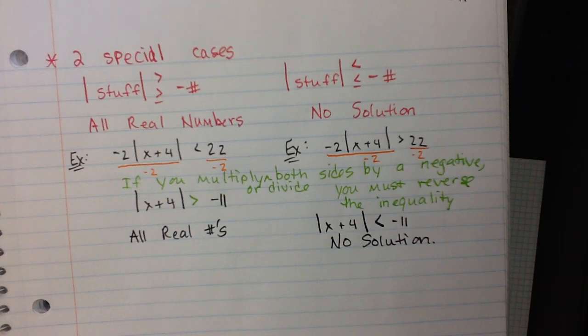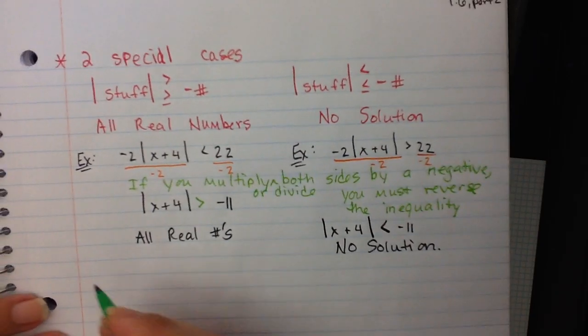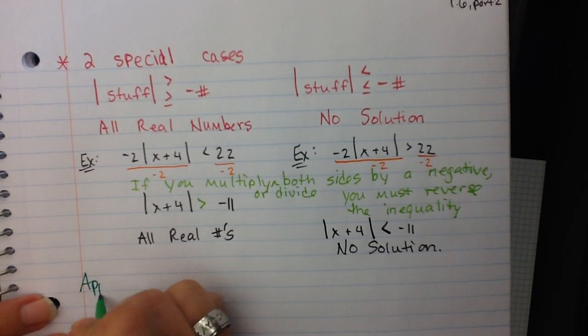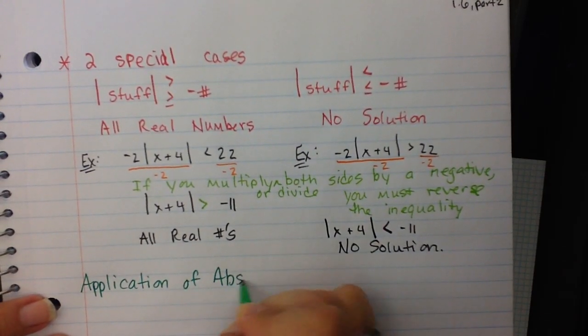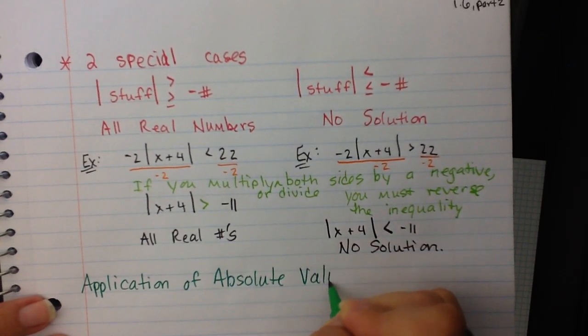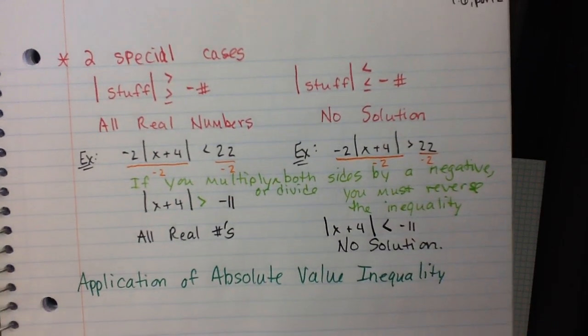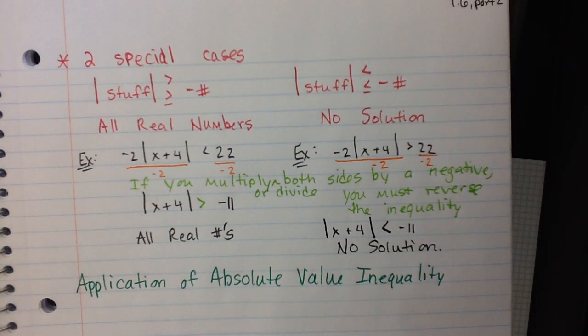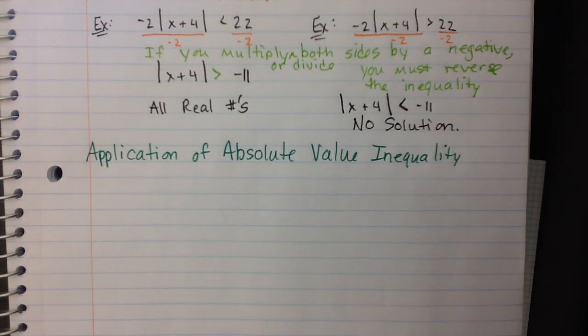I do want to show you one application of absolute value, and it has to do with tolerance and desired value. What I'm going to do is show you how to set it up.